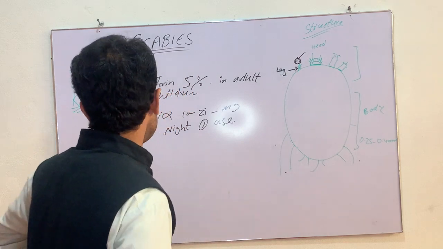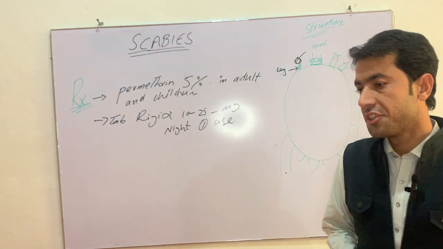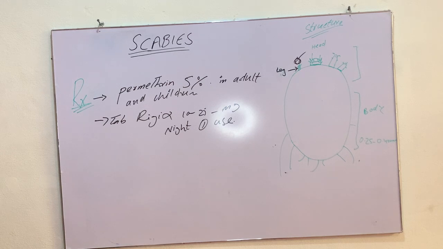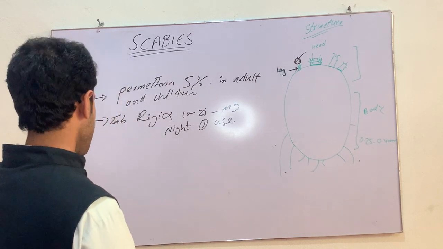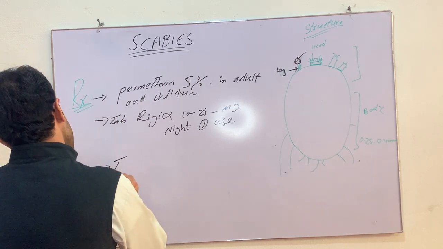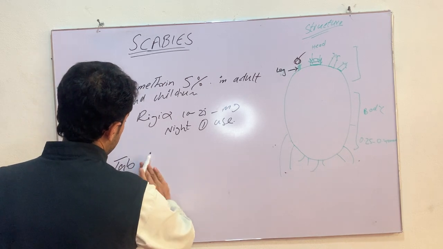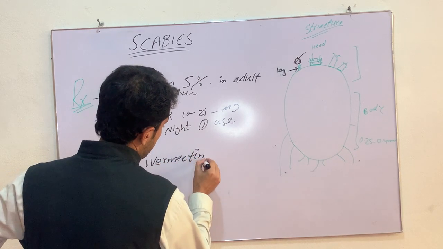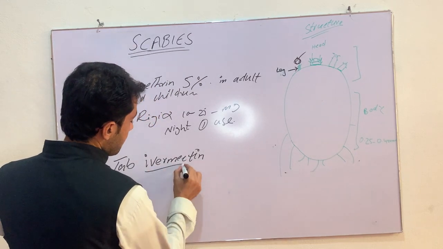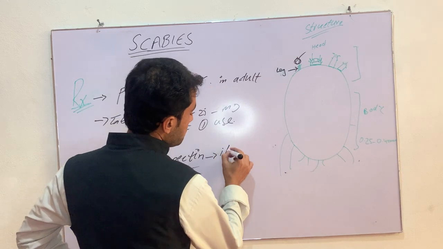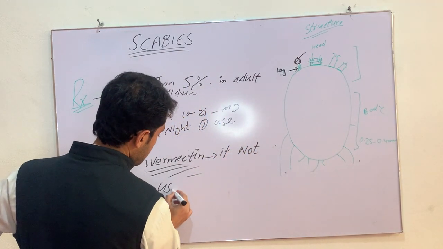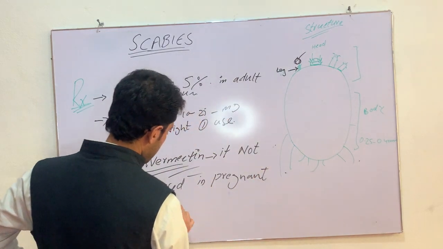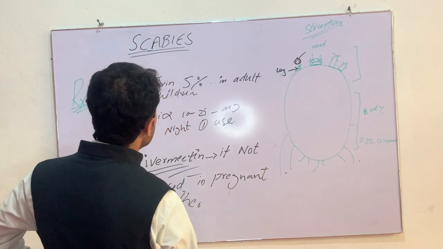If the scabies is in a severe condition, and permethrin and Rigix do not give results, then we use tablet ivermectin for severe scabies, but it is not used in pregnant mothers.